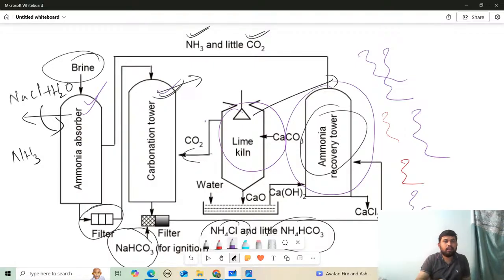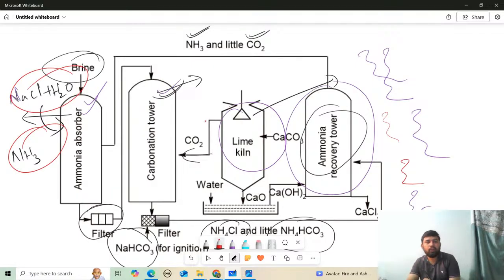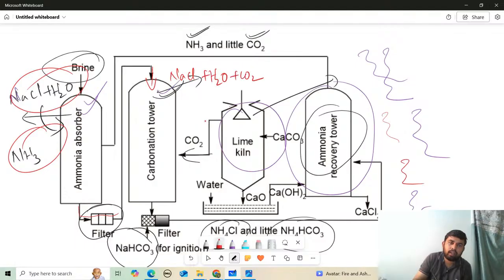Now we got here NaCl, and ammonia is added along with this one. These three go through the filter and are sent here: one is NaCl, one more is water, one more is ammonia.